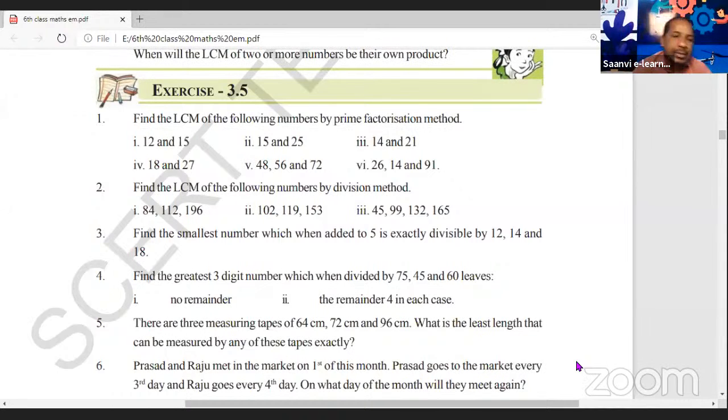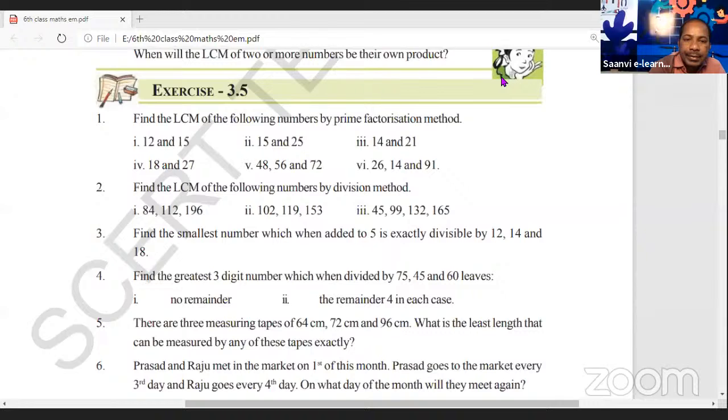Okay, and see the second bit. Find the LCM of the following numbers by division method. So here division method is asked. So first question is 84, 112, 196.